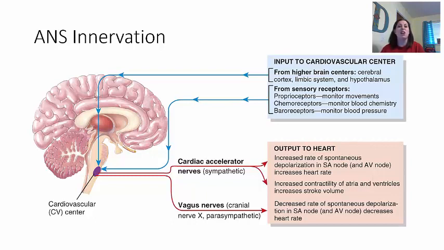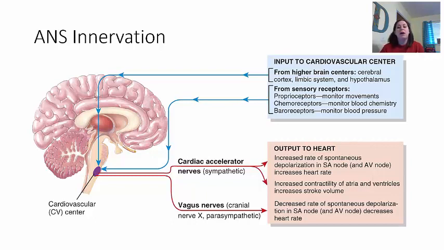Let's say you get scared by something, or it's dark and spooky in your house and you're nervous about going in. This can ultimately affect your heart rate. Also sensory receptors, like those detecting chemicals such as the ions we talked about, or the baroreceptors for blood pressure, can also communicate to this area.